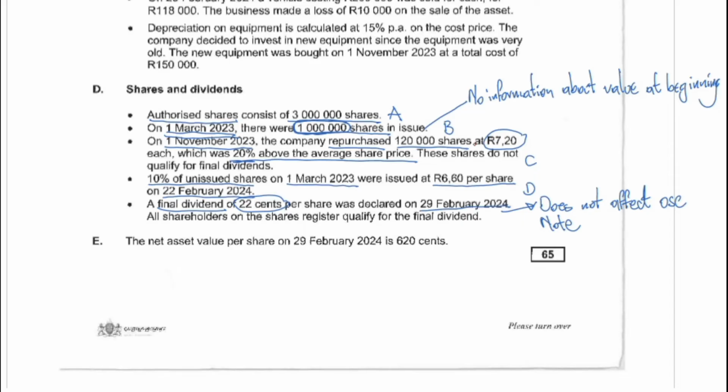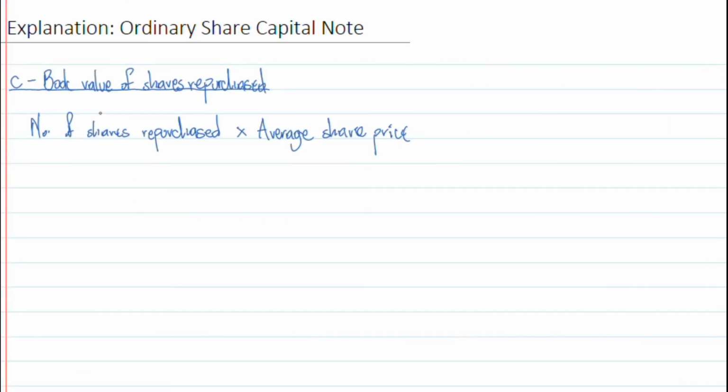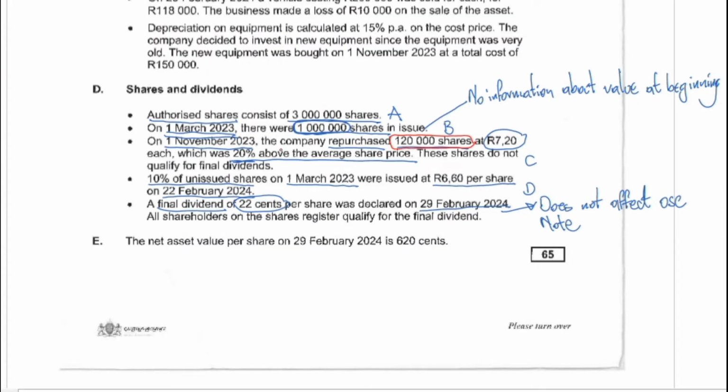The number of shares that were repurchased is given as 120,000 shares. We are not given the average share price, but we are told that the repurchase price is 20% above the average share price. So that means that the repurchase price of 7.20 rand is 20% above the average share price.